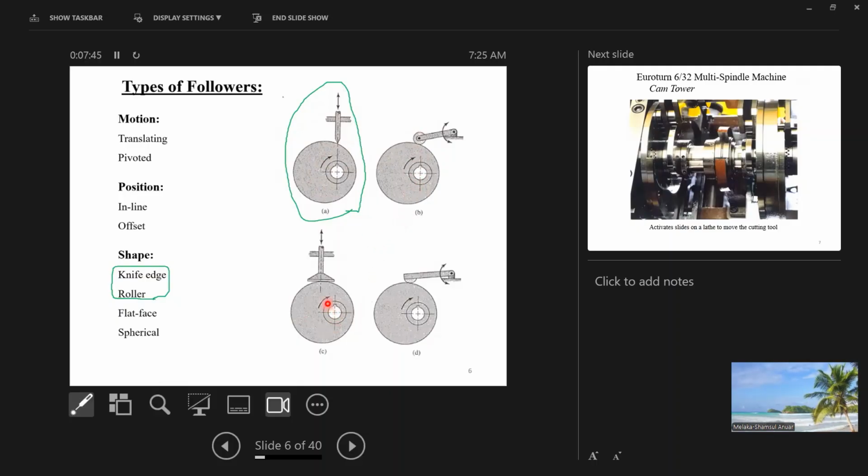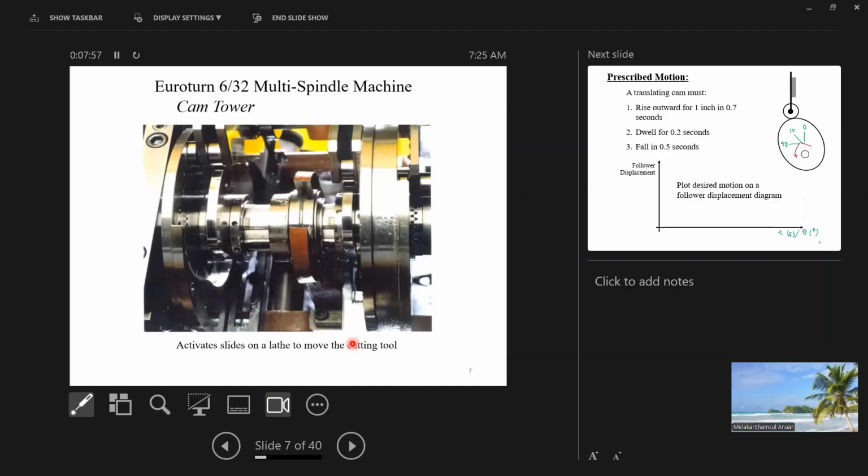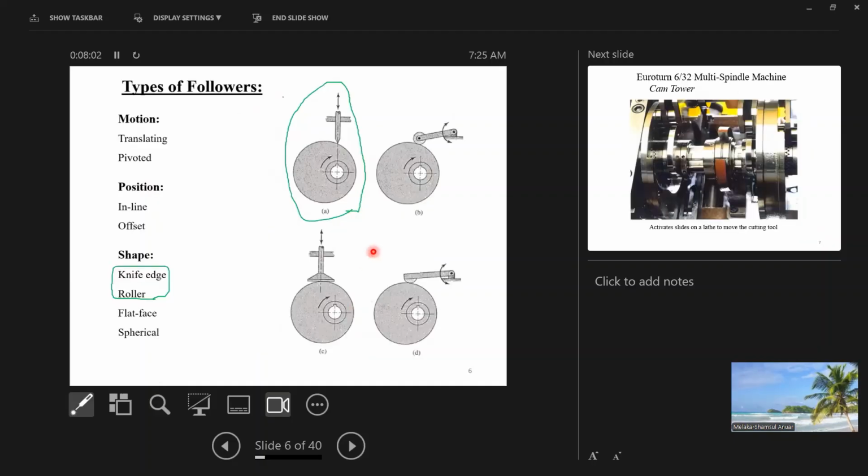But we can also have an offset situation where the line of action for the linear motion will not pass through the center of rotation, such as this. And if you can see here, in terms of the shape of the follower, we have knife edge, flat face, this is roller, and this is something like spherical.